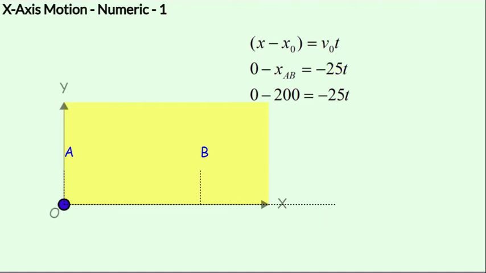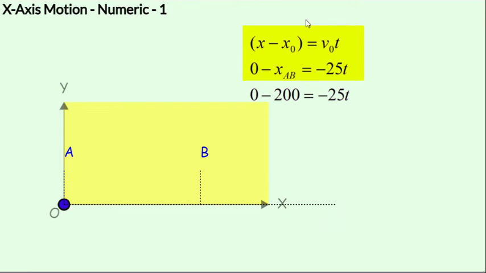Now let's plug this into Newton's second equation and check out how A is seeing B. So we get the final displacement minus the initial displacement equals the initial velocity times the time, and all this in A's frame of reference.